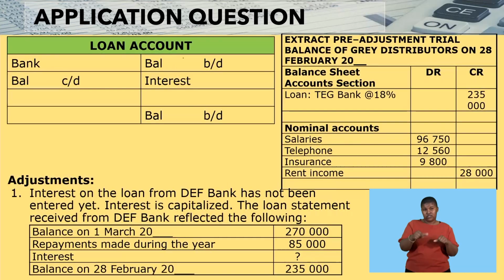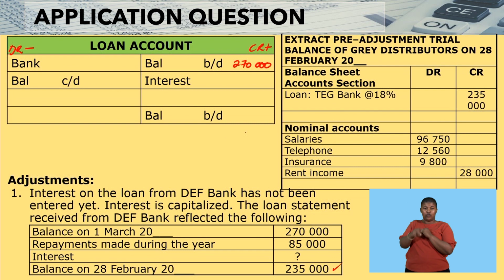When we prepare a ledger account, we have to understand that a loan is a liability, therefore it increases on the credit side and decreases on the debit side. Then we say the balance on the 1st of March is 270, so the balance brought down here becomes 270,000. There you have it. And the balance on the last day is 235,000.